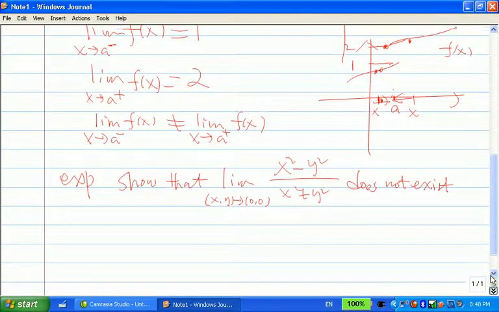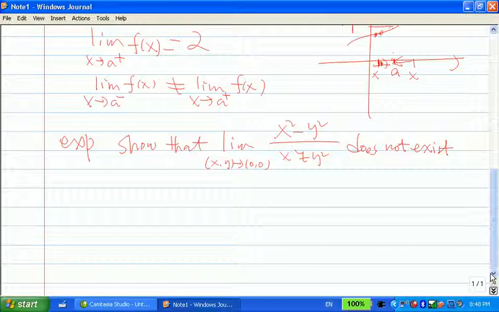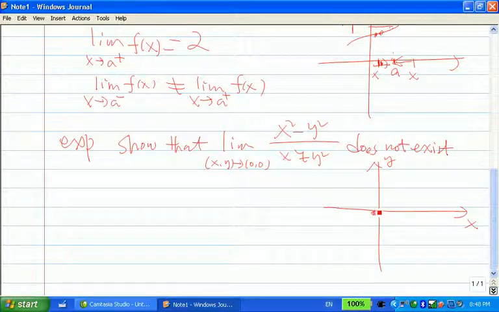How do we show that? We use the same idea as in the one-dimensional case. We're talking about (x, y) going to the origin, (0, 0). Now, how many ways can we go? You can go here, you can go here, you can go here, you can go there. Infinitely many ways.